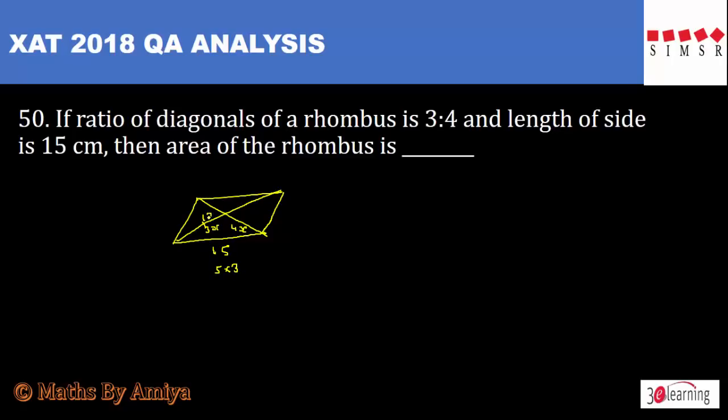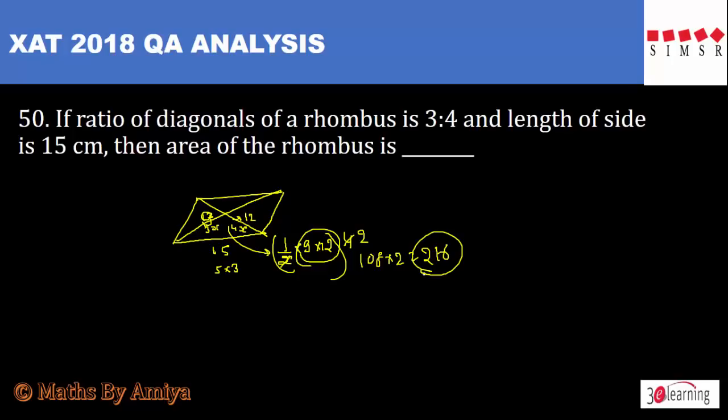This length is 9, and this length is 12. So the area of this triangle is half into 9 into 12, which is 54. The area of the total rhombus is 4 times this, because we have 4 such triangles, so that is 216, which was not in the options. So the answer of this question is none of these.